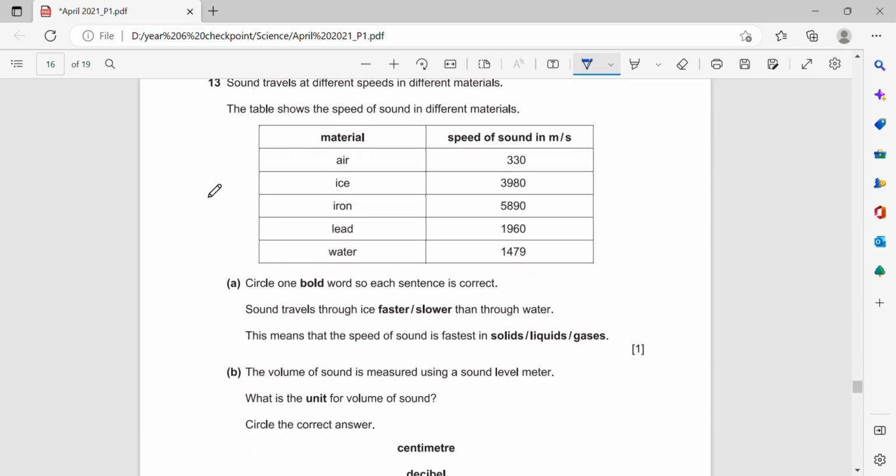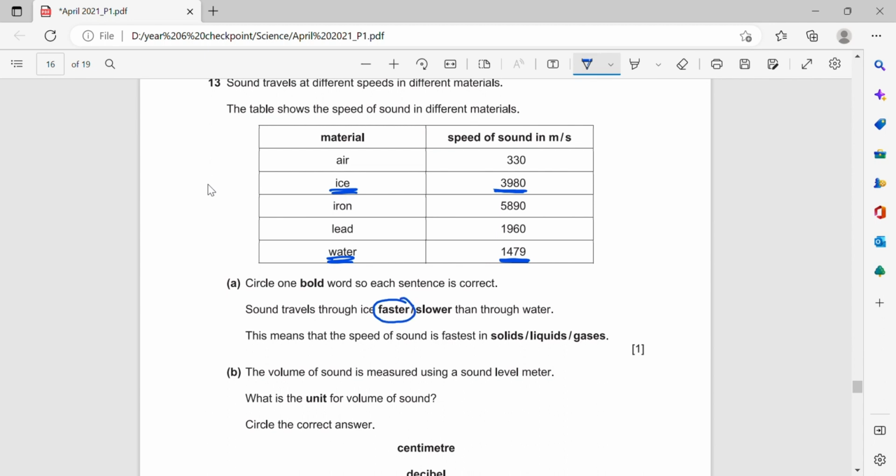So here we will circle the words in bold to make the sentence correct. Sound travels through ice faster or slower than water? Let's look at ice and water. Ice is 3980 and water is 1479. So sound travels through ice, what? Great, faster.